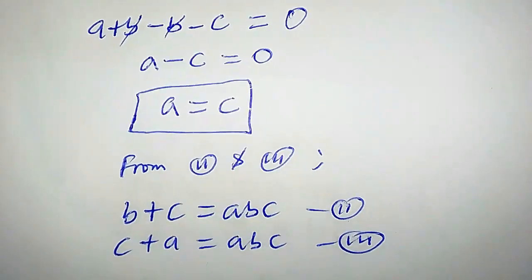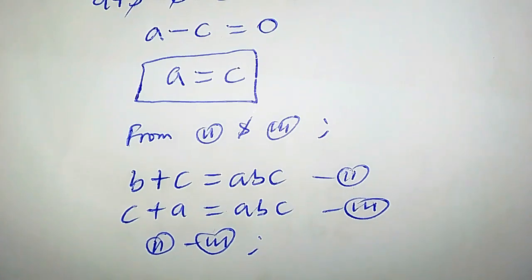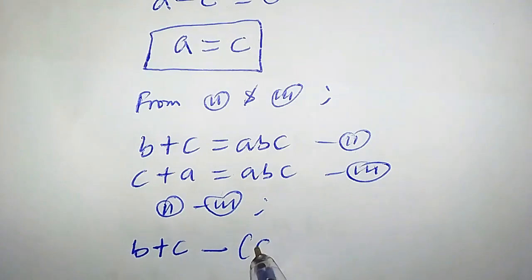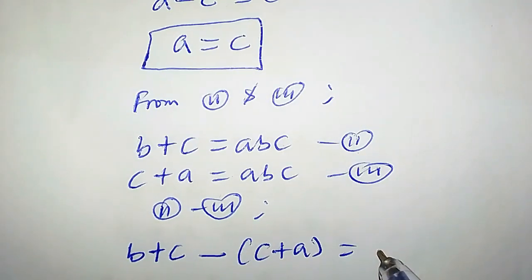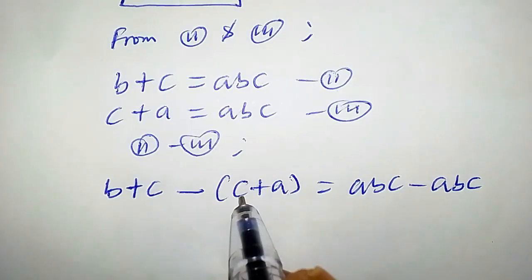Let's do a similar thing for these also. Equation 2 minus equation 3: we have b + c minus (c + a) equals abc minus abc. Let's open this bracket.